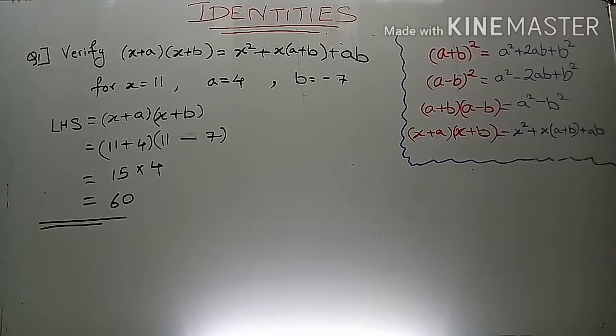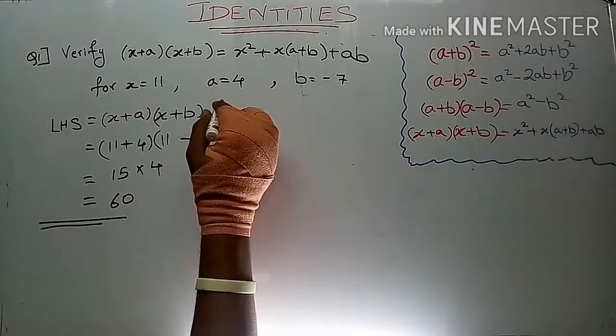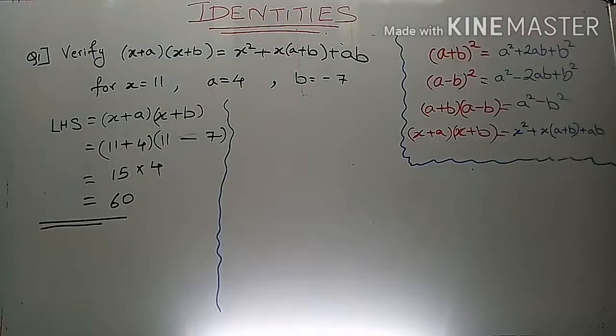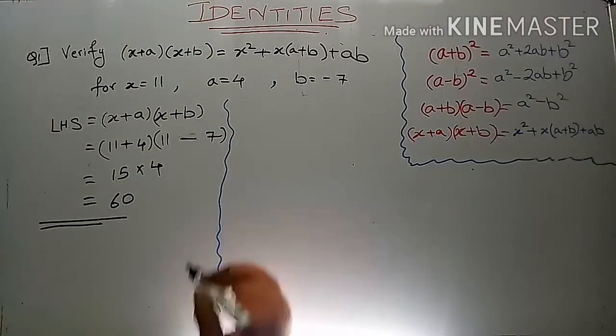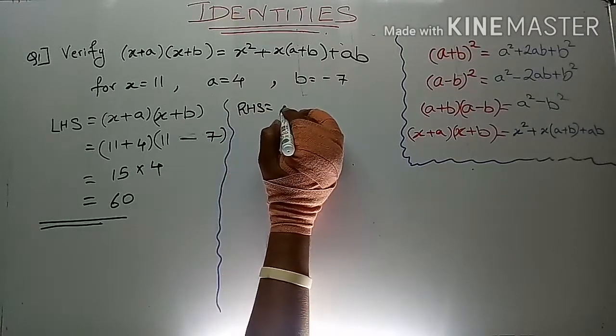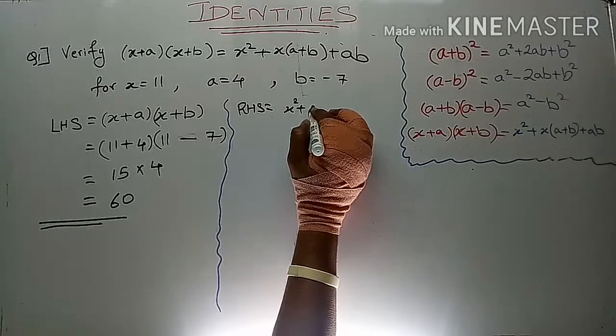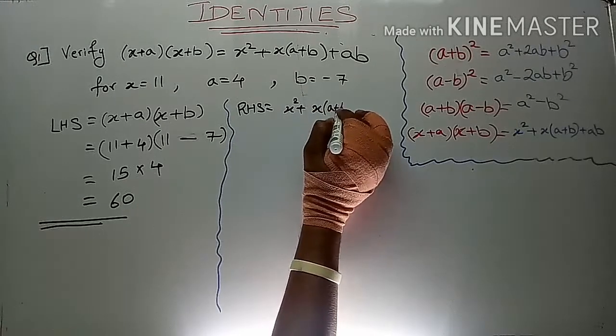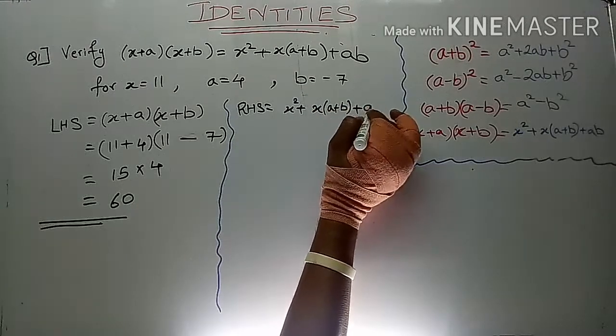Now let's try and find the value of RHS. RHS is equal to x square plus x into a plus b plus a into b.